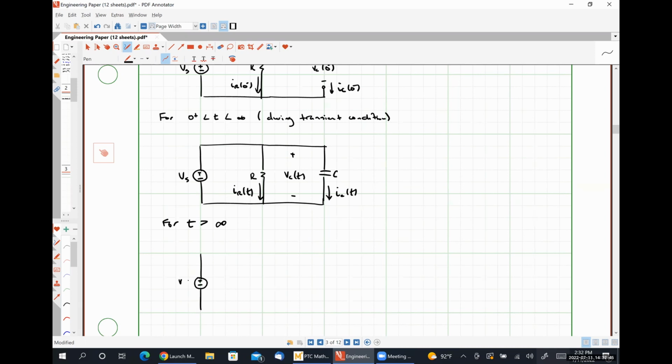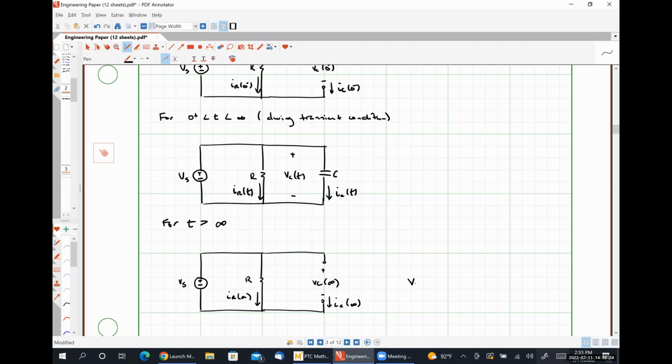where our voltage source is connected to our resistor. Our capacitor looks like its DC steady state equivalent again, because we're in DC steady state conditions after our capacitor has stopped charging. So here we'll have VC at infinity. This will be IC at infinity. And this is IR at infinity.